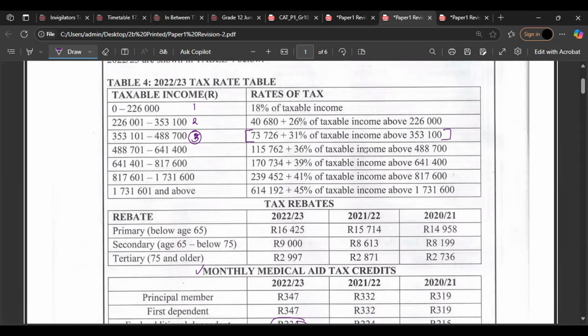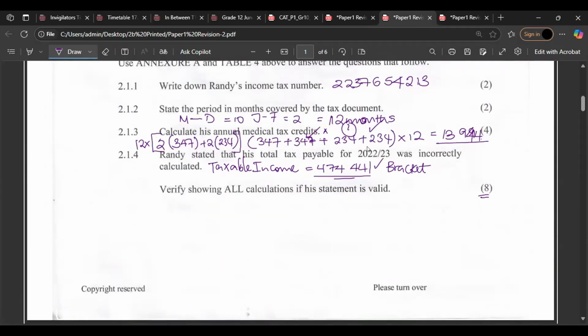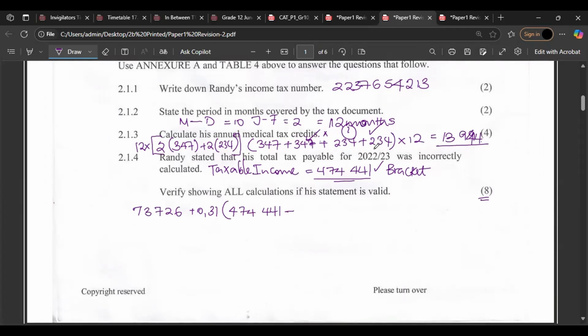So having found out that it belongs to this, you use this other formula here. That's what we write down on the paper. So we are going to say 73,726 plus 0.31, which is the 31%. Now you bring in his money inside that bracket, minus the value that is already there.